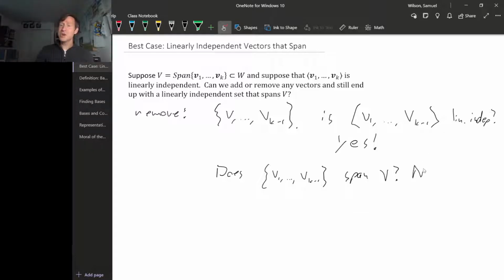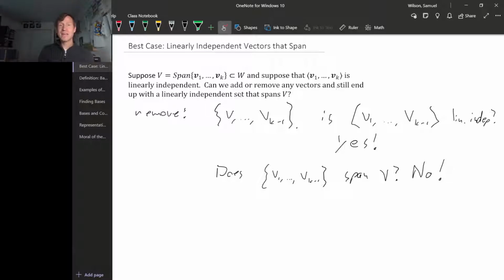The answer here is no. If you have a linearly independent set and you remove any one of those vectors, you will definitely change the span. So whatever v1 through vk minus 1 spans, it can't be the same as V, because v1 through vk were linearly independent to begin with.